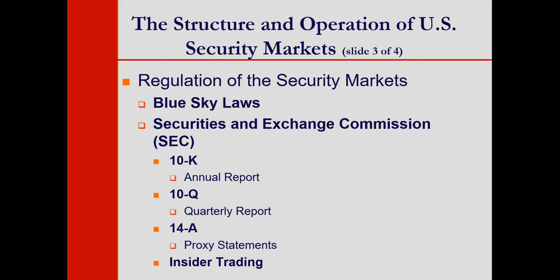There was an act, and then it was amended in 1934. So since then, those regulatory bodies are in place, and the job of these bodies is that every public firm has to submit their 10K statements, like the annual report of their firm, their 10Q statement, which is the quarterly report, as well as the proxy statement.